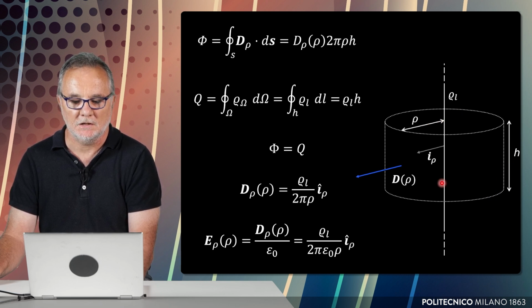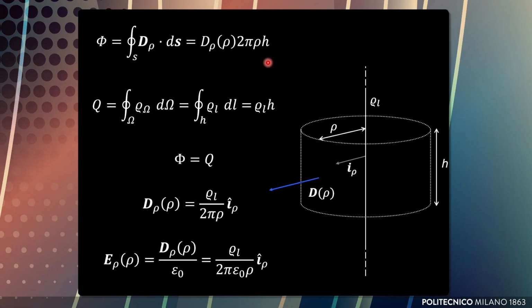But on the lateral surface, we do have a flux, and in particular, the expression of the flux can be written as the area of the lateral surface of the cylinder times the value of the D field. This flux of D must equal the total charge inside.